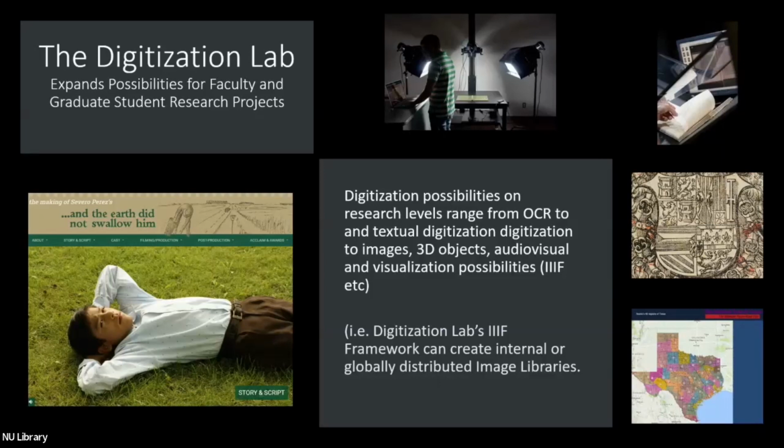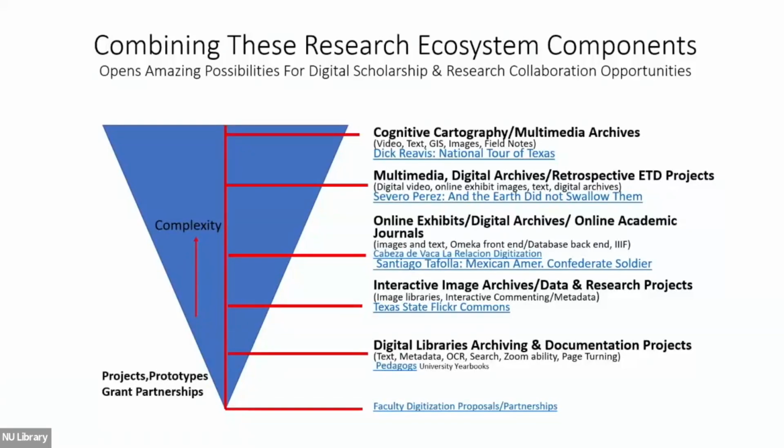I'm not going to go through all of these in this presentation. I've got the links here actually, and I could, but I'm going to move the presentation forward, and I've got on the next slide all of the links of many of these projects. Now, as I was saying, combining these research ecosystem components with the digitization lab makes a very, very powerful system.